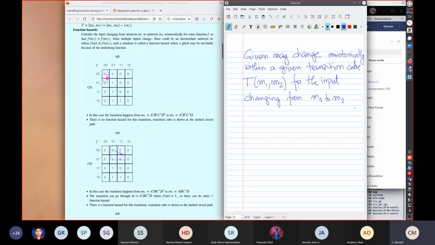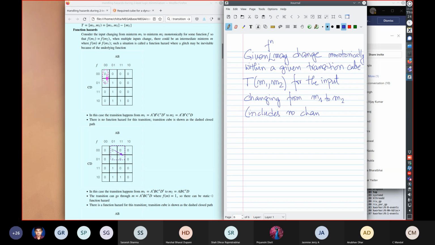All right. Given function, of course, may change monotonically within a given transition cube. So that includes no change. All right.